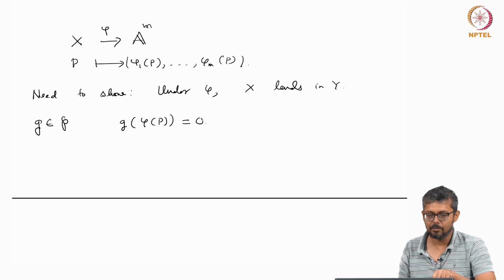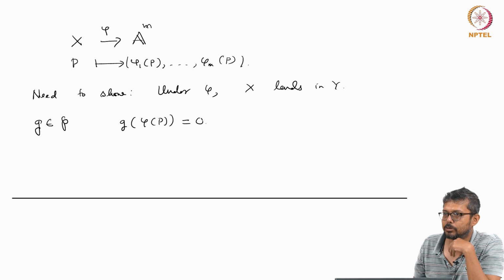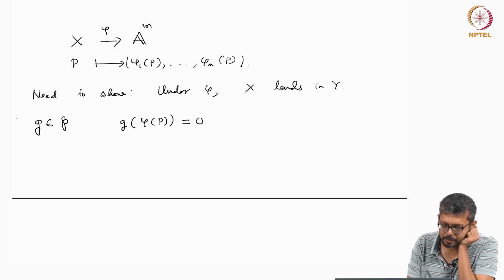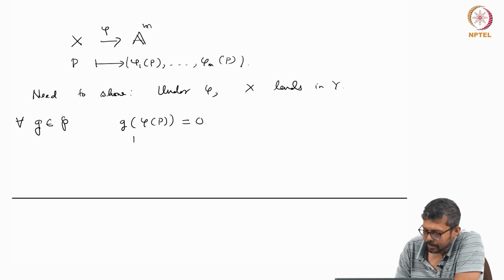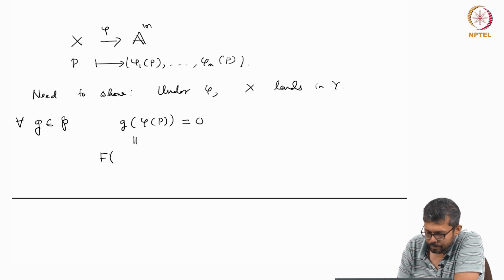You have to show that if I take any element g in P, then g of phi of p is 0, because P is the ideal of vanishing. That is what you have to show for any point p in X. Then only will X land in Y. Now g of phi of p, you check this, is nothing but f of g bar of p.